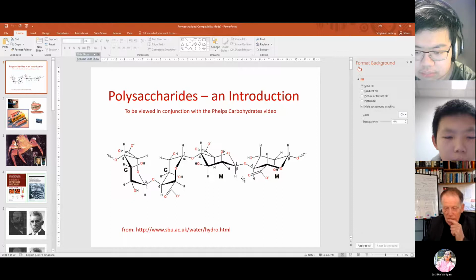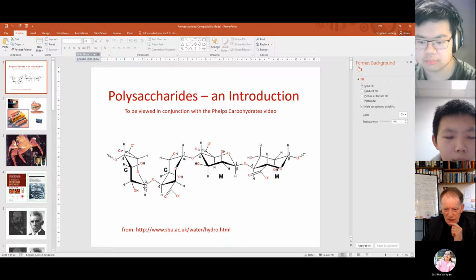This particular molecule is called alginate, which comes from seaweed and which has some very interesting biotechnological applications.